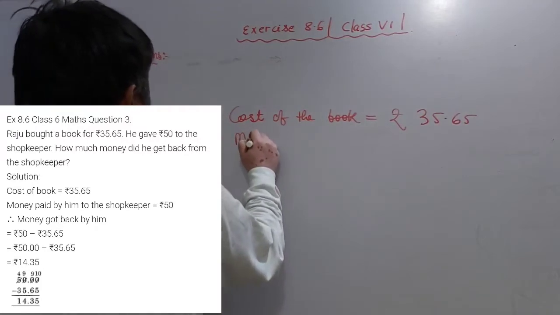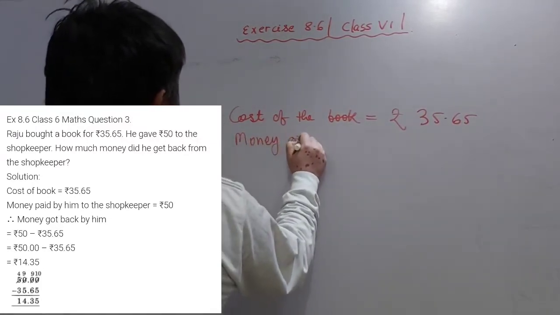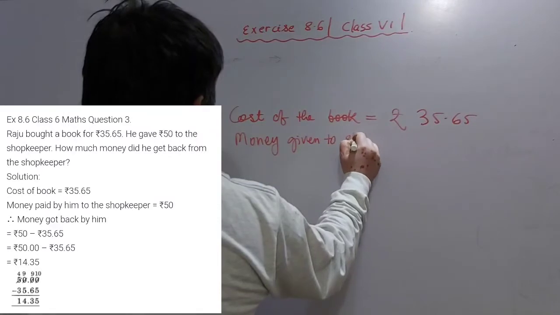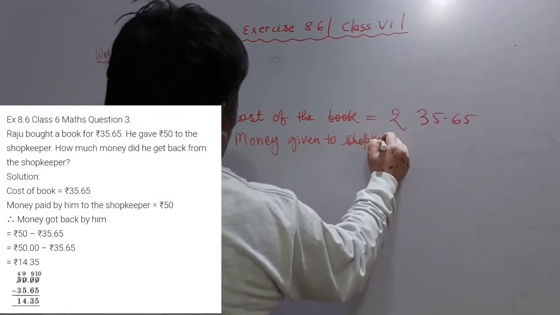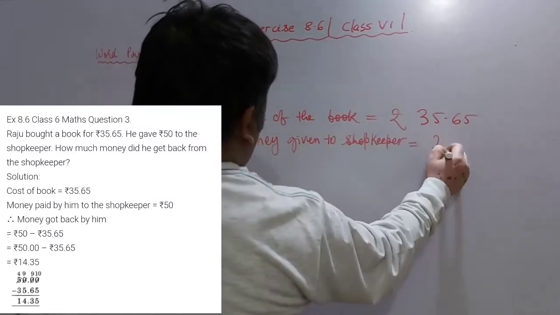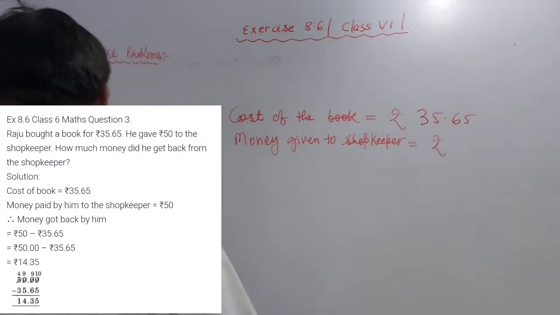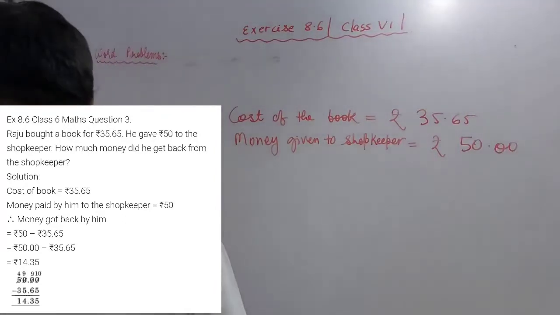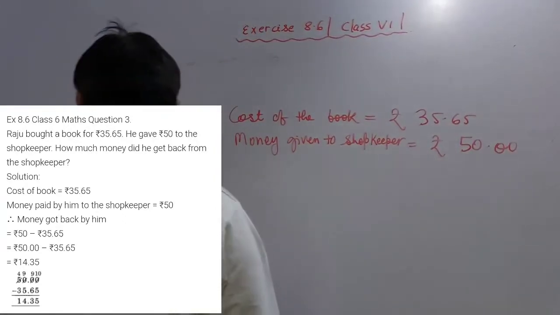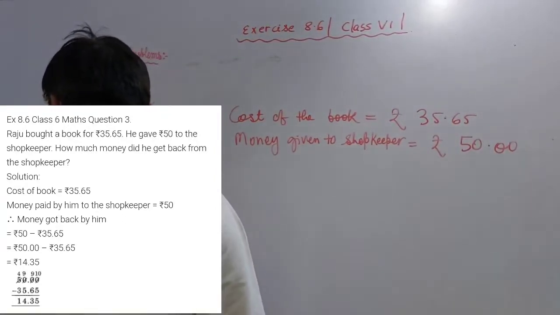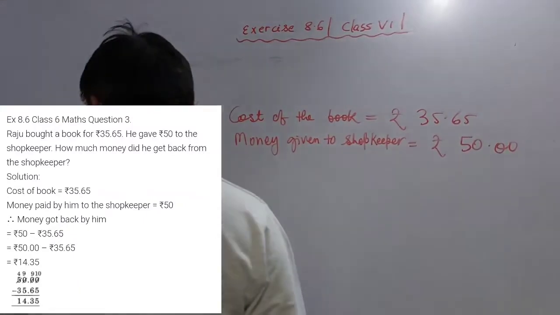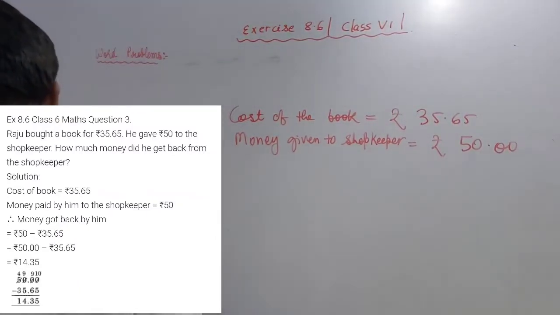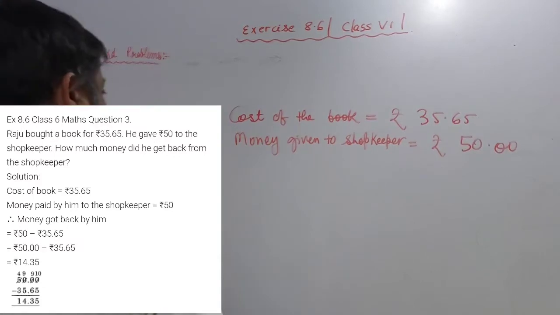Money given to shopkeeper was equal to rupees 50.00. We have to find how much money did he get back from the shopkeeper.